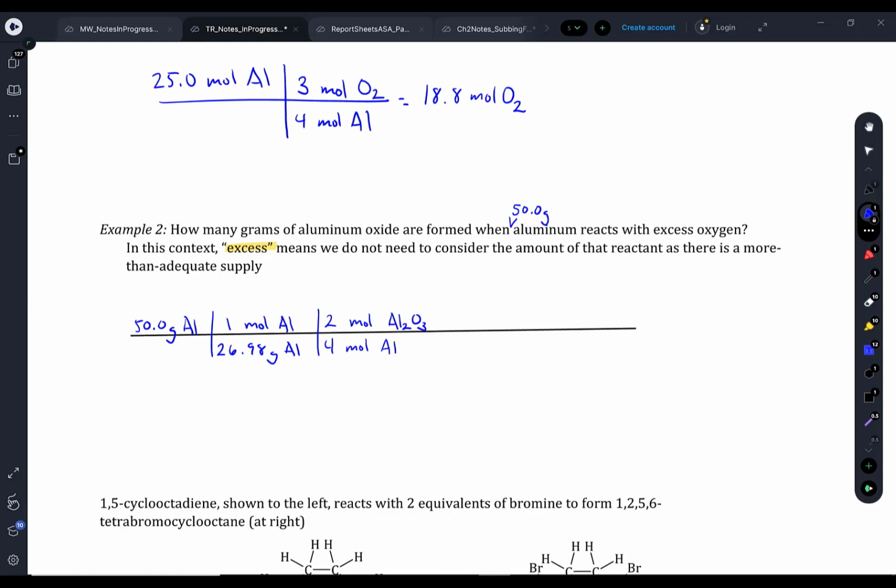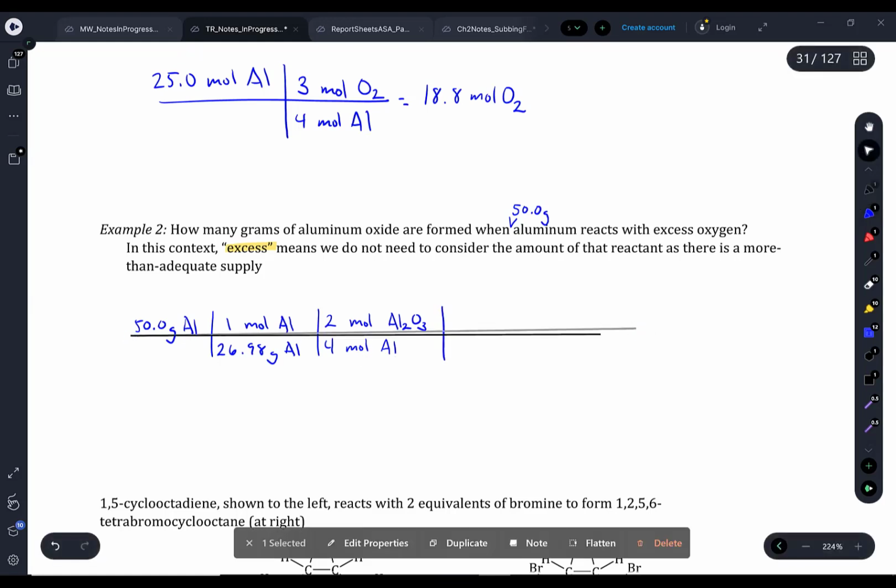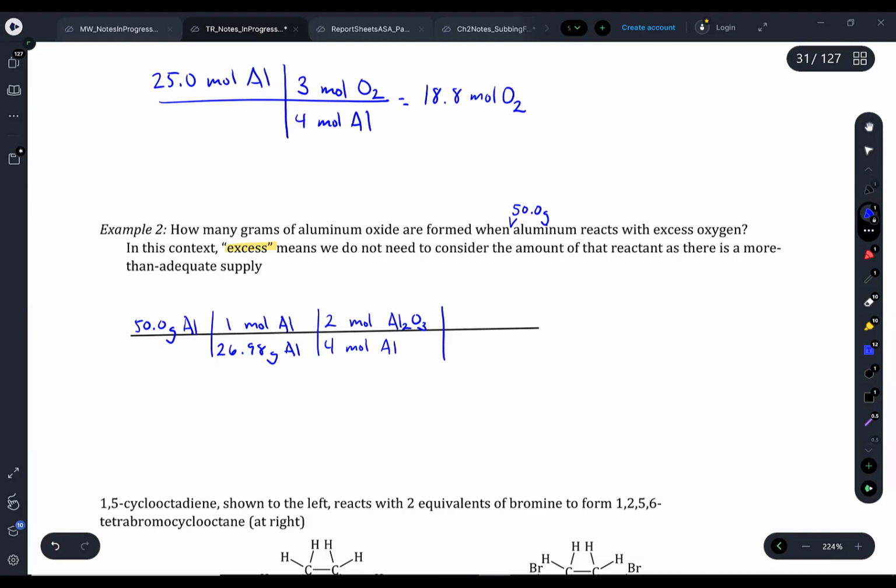And then finally, this line is too big. Let's go ahead and convert moles of aluminum oxide to grams. I think it's 100 and something. So 1 mole of aluminum oxide.